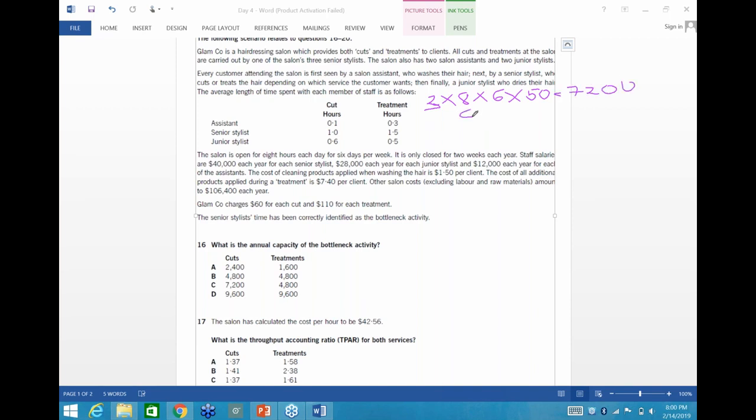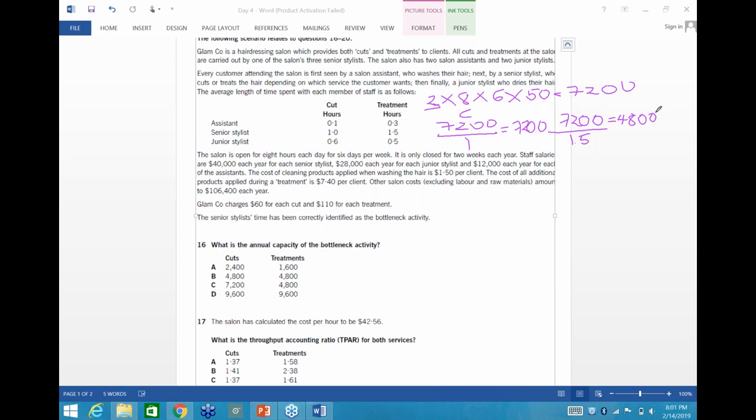For cuts, 7,200 divided by 1 is 7,200. For treatments, 7,200 divided by 1.5 is 4,800. So you have to keep this in mind as well when we are trying to do what we're trying to do over here.